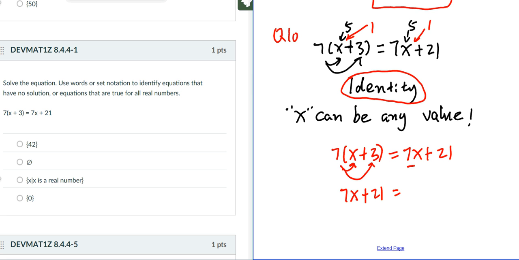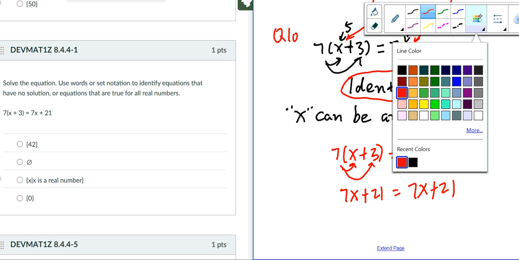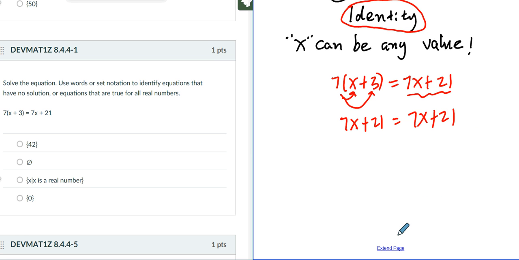And then take this one down. You see, you already realized they are the same. You may say, hey, we want to isolate x. It's fine. So you do what? Minus 21 on both sides. So you get those two canceled.